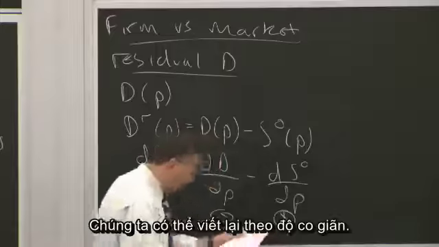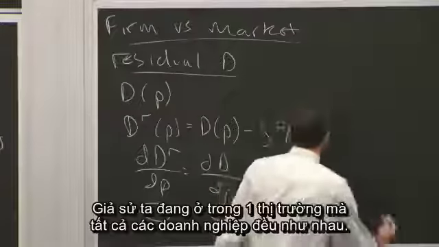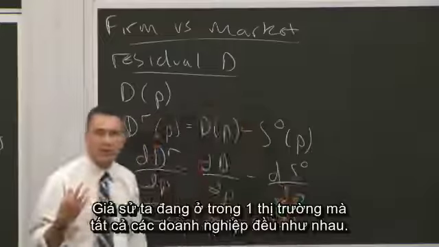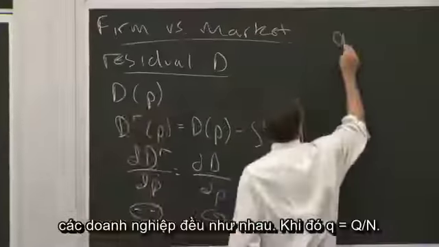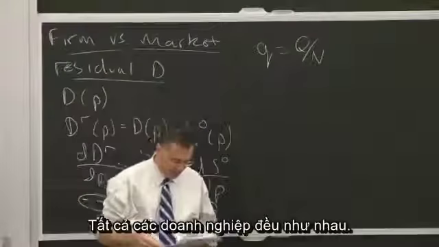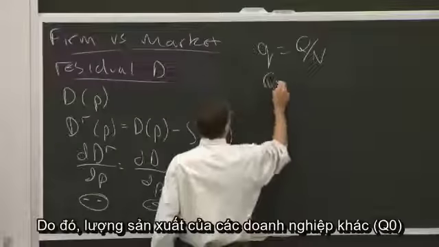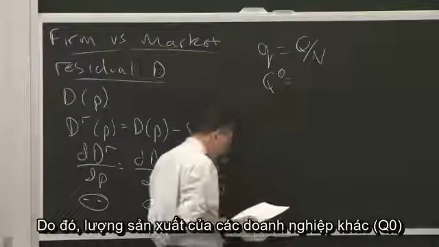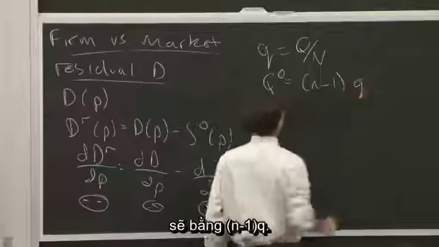So we can rewrite this in terms of elasticities. Let's assume for a second that we're in a market where all firms are identical. That little q equals big Q over n. And therefore, the amount produced by other firms, Q super 0, is n minus 1 times q.